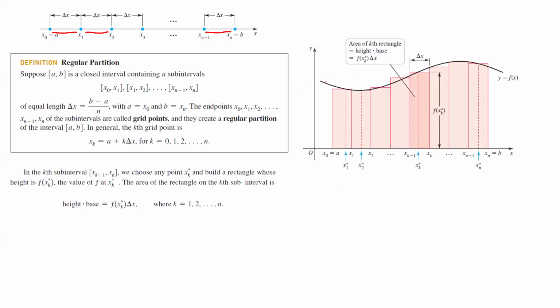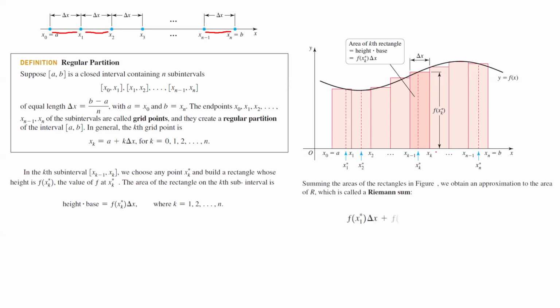So we basically have the graph of the function. On the horizontal axis, the x-axis, we have our partition. Then we find the height. We multiply each height by the length and calculate these areas.